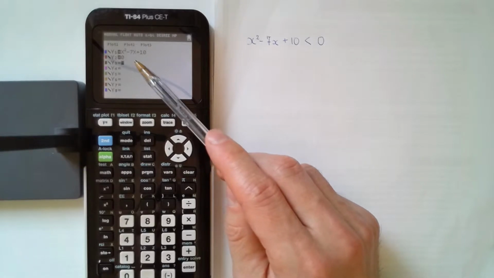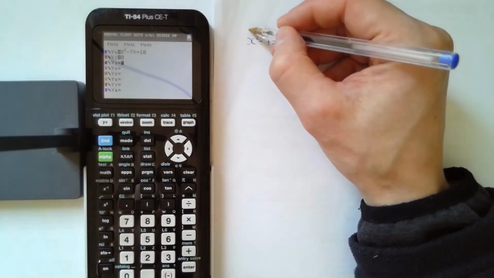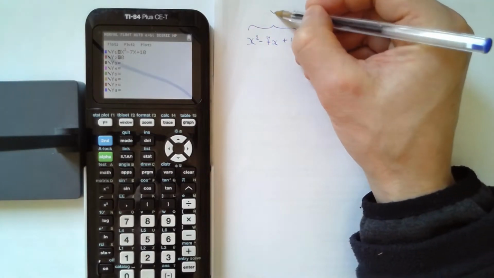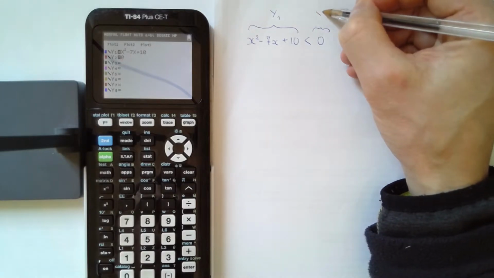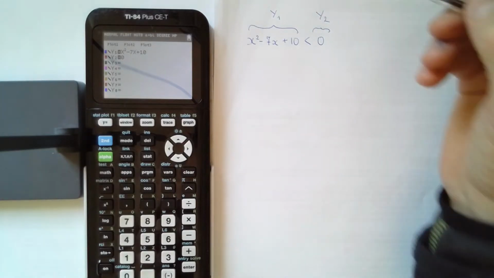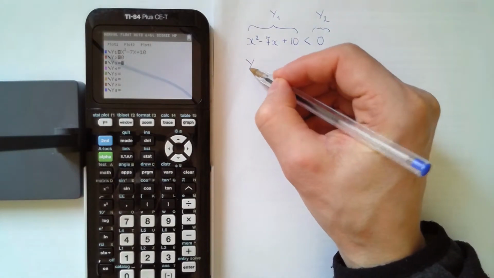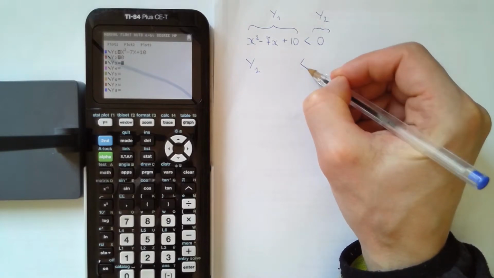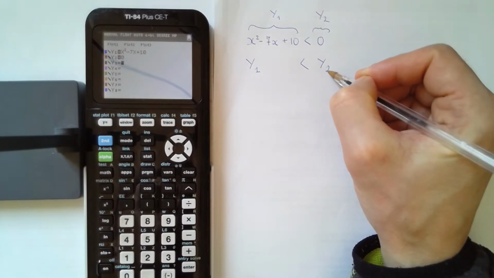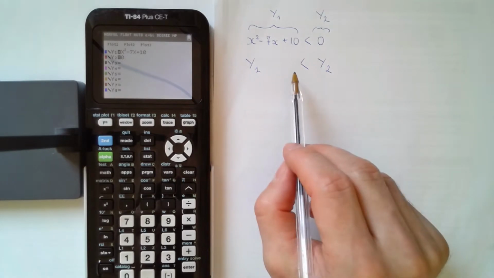Now we would like to set up the inequality on your calculator. Remember, this is our y1, and this is our y2. We want to find out where y1 is less than y2, so we need to type in this logical expression.